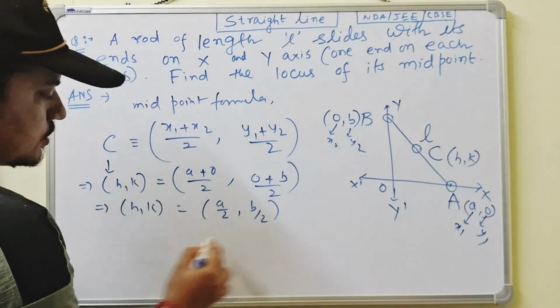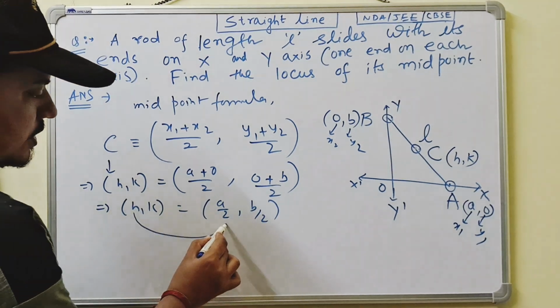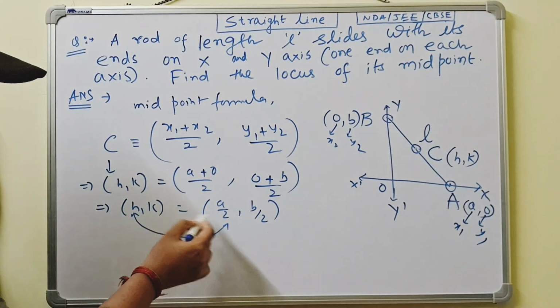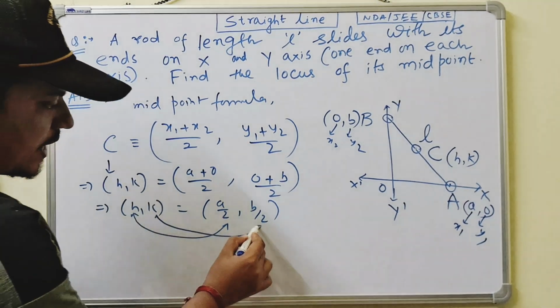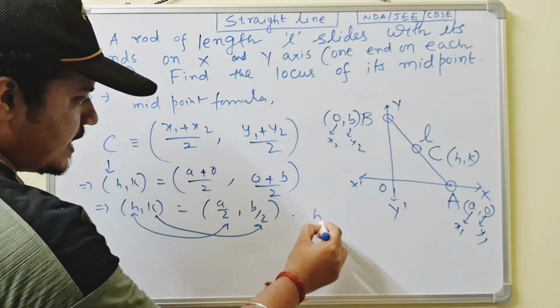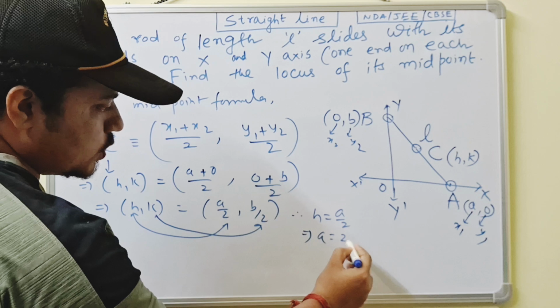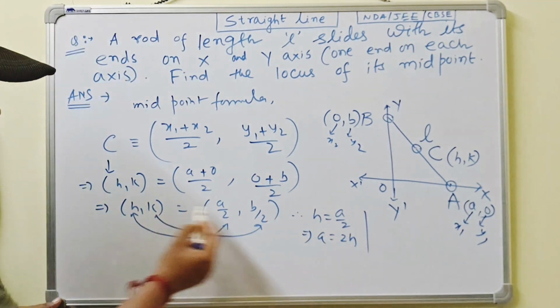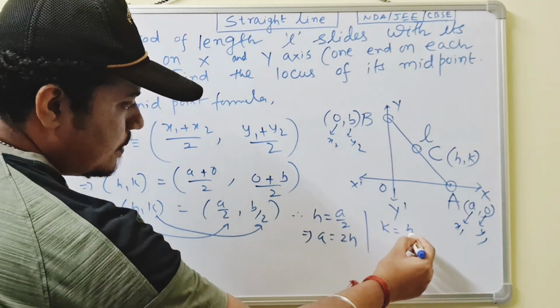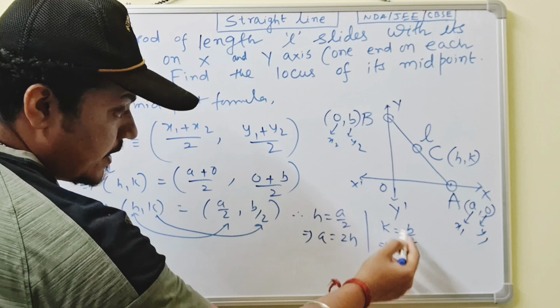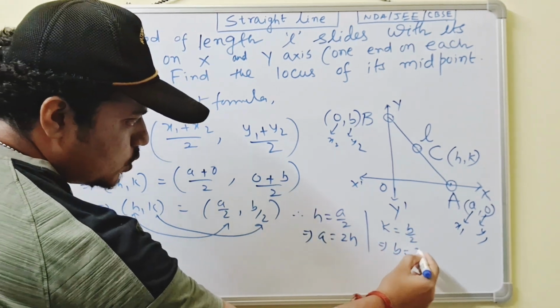Comparing x coordinate to x and y coordinate to y, we write h equals a by 2. From that you get a equals 2h, as well as k equals b by 2, so b equals 2k.